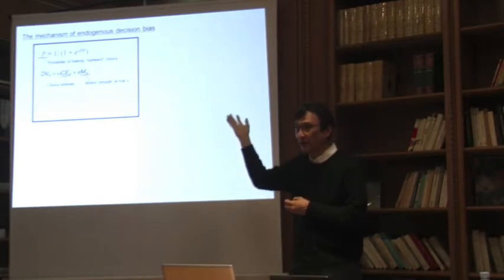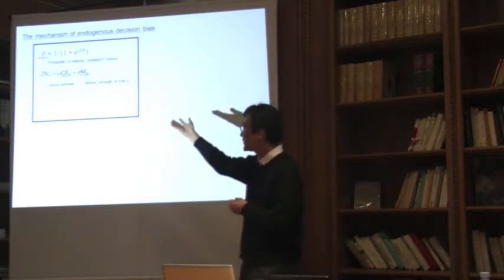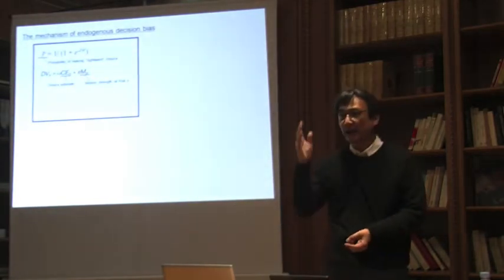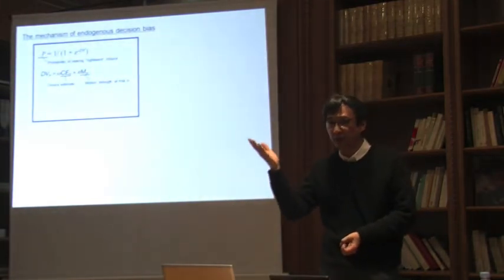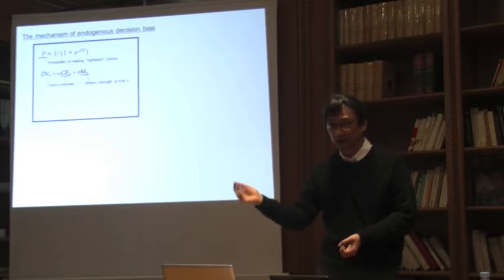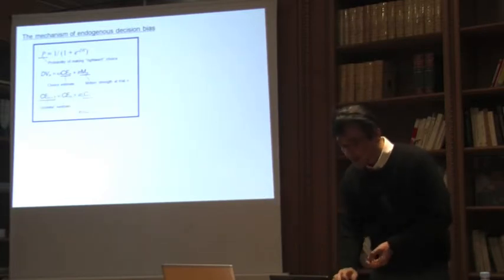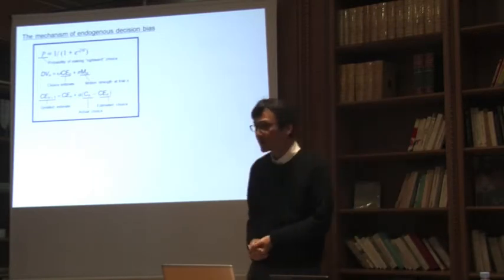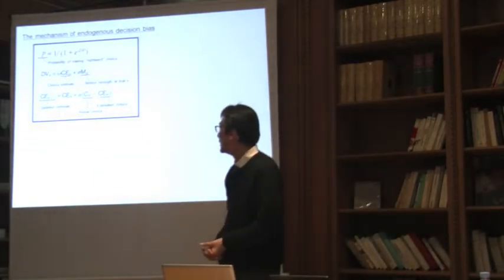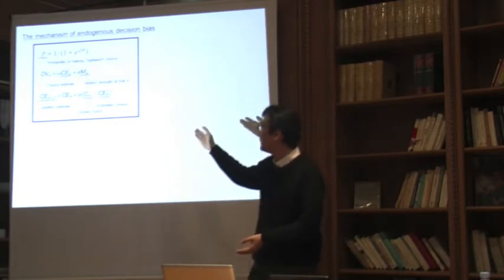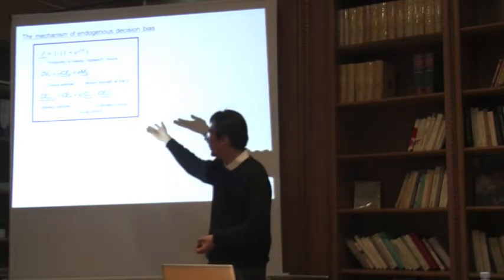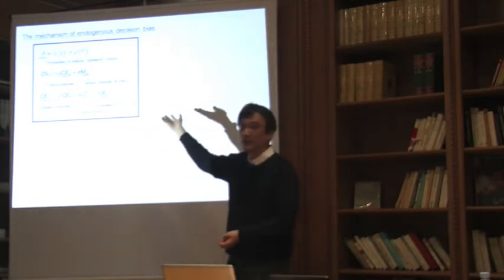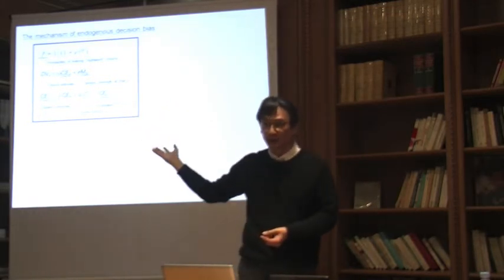Here, we have added an endogenous factor, which we call choice estimate. That is the estimate of the likely choice to be made on that trial. And this choice estimate is updated every trial by the difference between the actual choice and the estimated choice multiplied by a learning parameter.